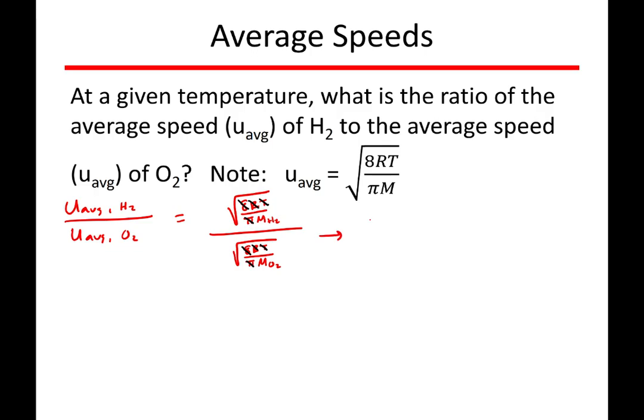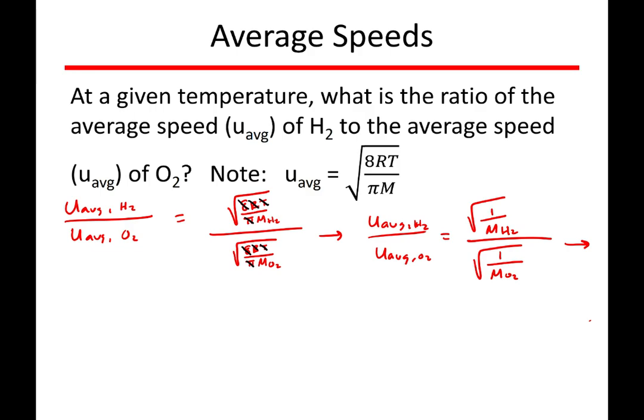What we can say, therefore, is that this ratio of the average speed of H2 over the average speed of O2 will be equal to the square root of 1 over the molar mass of H2 divided by the square root of 1 over the molar mass of O2. Now let's do a little algebraic manipulation to make this equation look nicer.